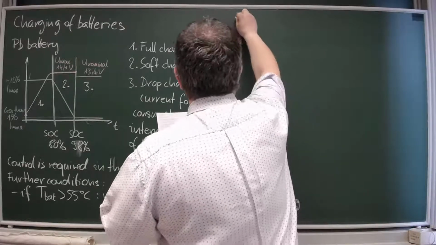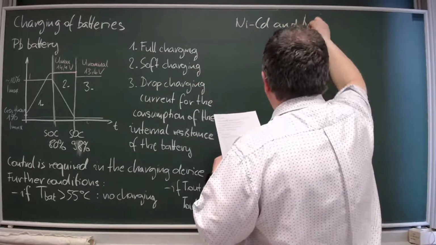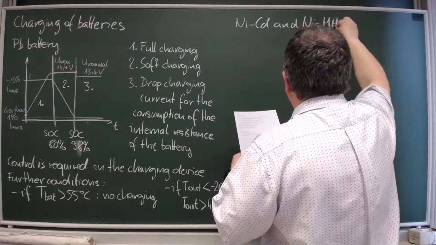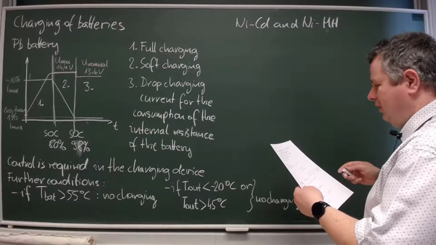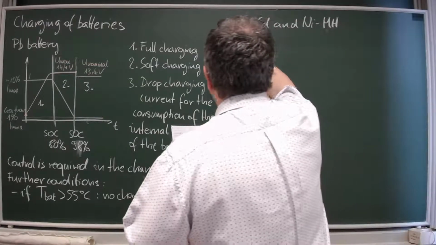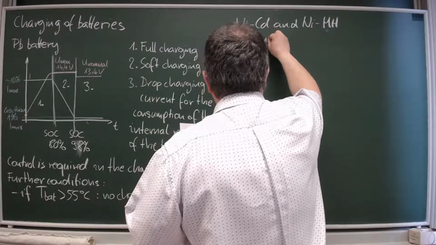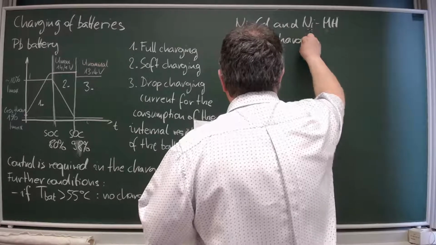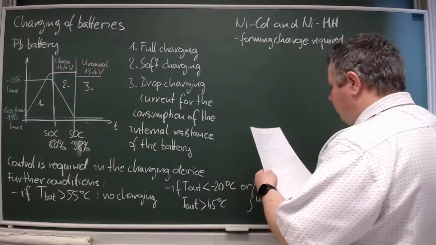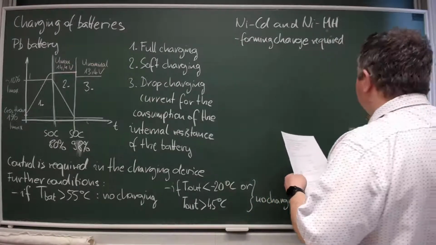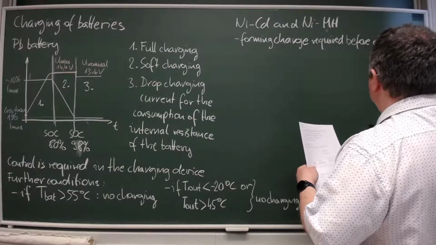For the nickel-cadmium and nickel-metal hydride, M being the metal globally in chemistry. Nickel-metal hydride battery. They need a forming charge required before entering in use.